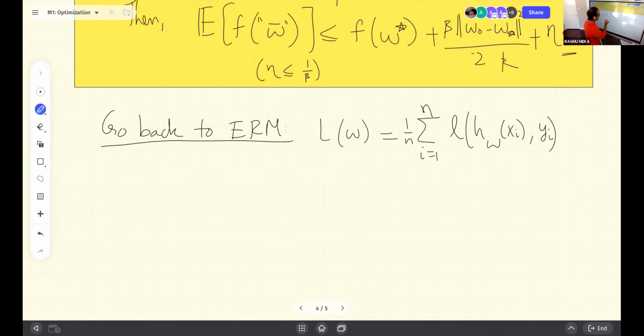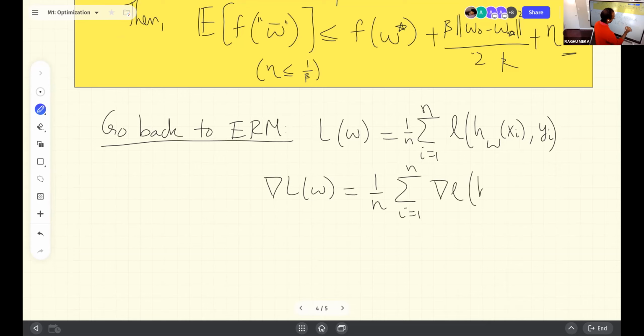And we also said the gradient was this much. So what's the natural estimator for the gradient here, if I don't want to compute the gradient exactly?